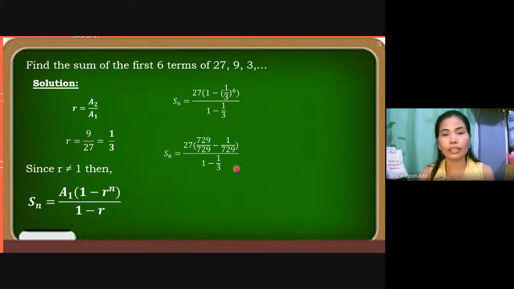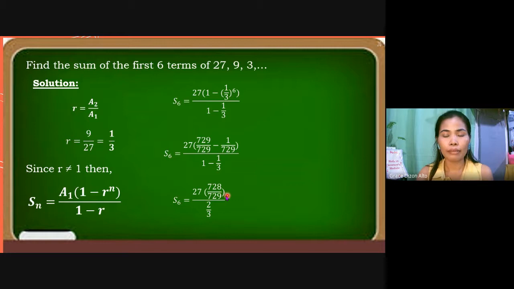I put parentheses with 1/3 so that it is understood that only 1/3 will be raised to 6. Then I use 729 over 729 so that it will be a similar fraction. It will be easier for us now to subtract the two fractions. 729 minus 1 is 728 over 729.